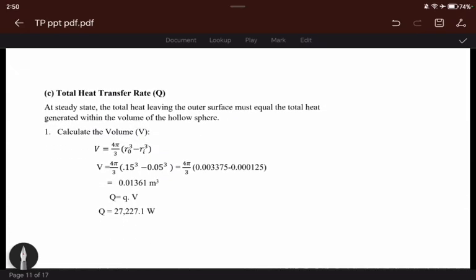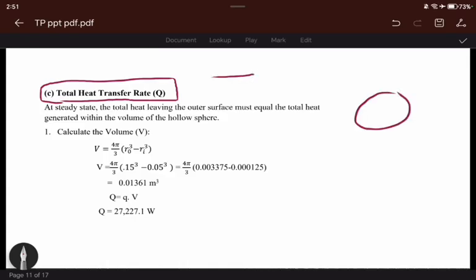So our last part for this question is total heat transfer rate we have to find. So at steady state, the total heat leaving the outer surface must equal the total heat generated within the volume of the whole space. For the whole sphere at steady state, heat in minus heat out.